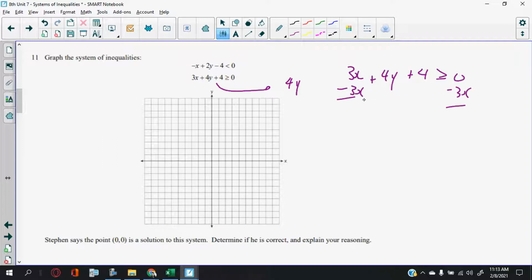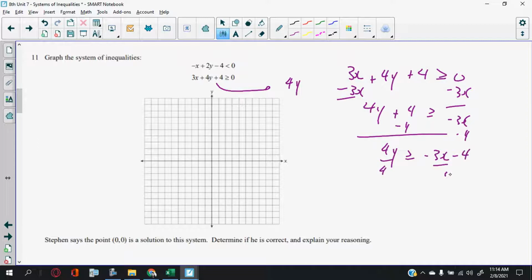So you get 4y plus 4 greater than or equal to negative 3x, and then you subtract 4, so 4y is greater than negative 3x minus 4. Divide both sides by 4, like that. Then you grab the second one and do the same thing for the first one. And then you graph it.